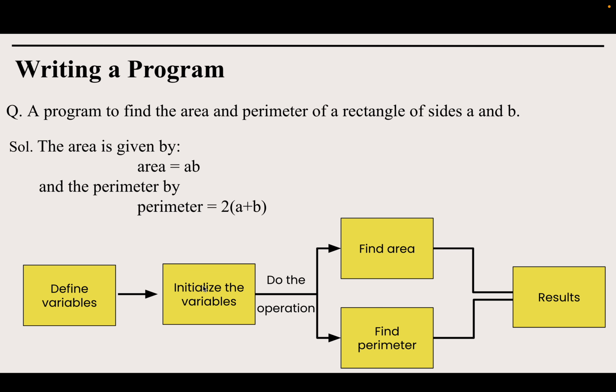And the next step is to initialize the variables. Here we can give any value to A and B, that is, to these sides, so that we can calculate our area and perimeter as per the given values of A and B. This process is called initialization, and after initialization we have to do the operation.